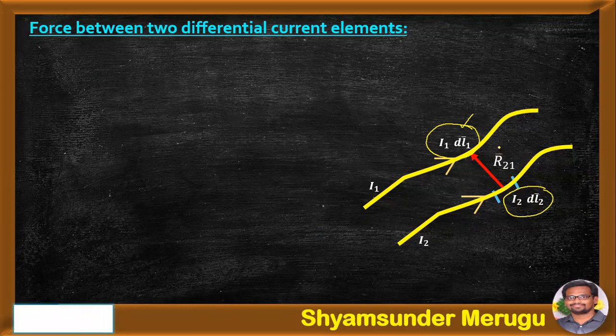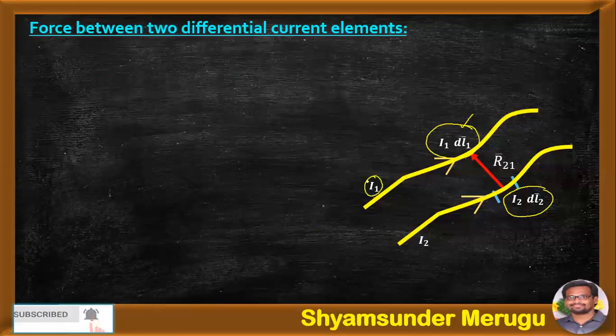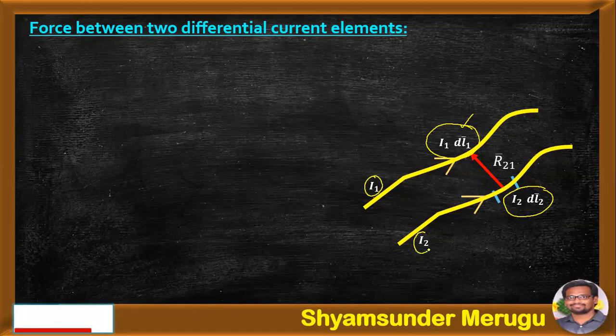So in that case, the distance vector is written as r bar 21, and the current element 1 is carrying the current I1 and the current element 2 is carrying the current I2. Each current element will produce a magnetic field of flux density dB1 bar, and here the other current element produces the magnetic field of flux density dB2 bar.